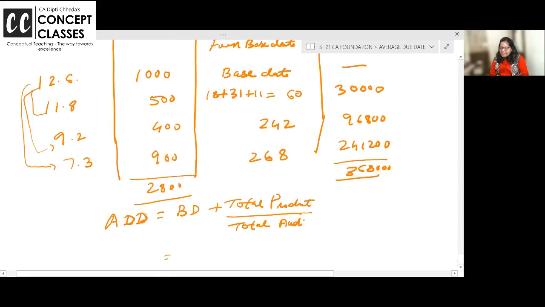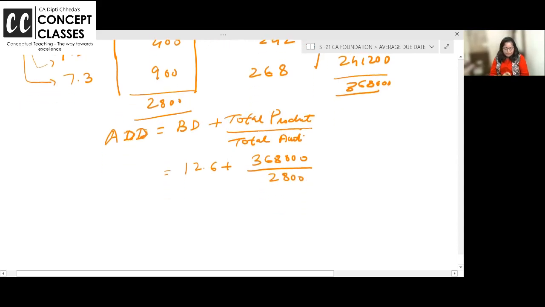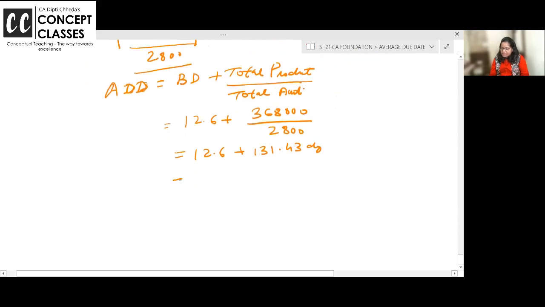What is the base date? 12th June. What is the total of product? 3,68,000. Total of amount 2,800. 12th June plus 131.43 days, 132 days.